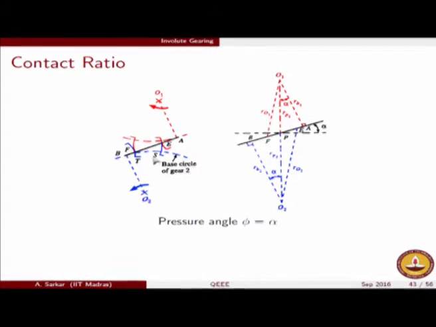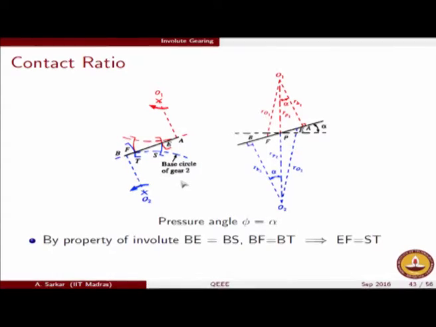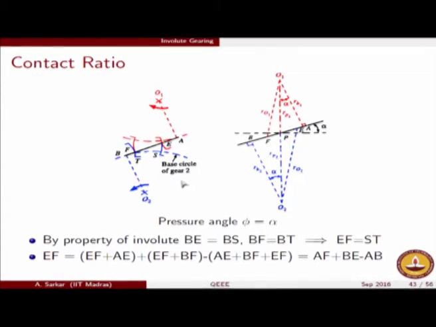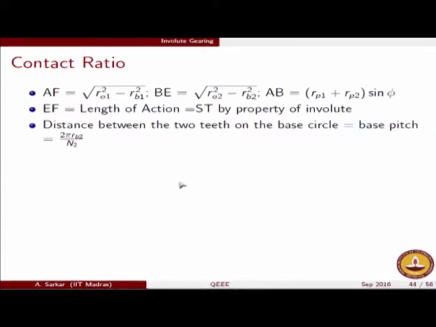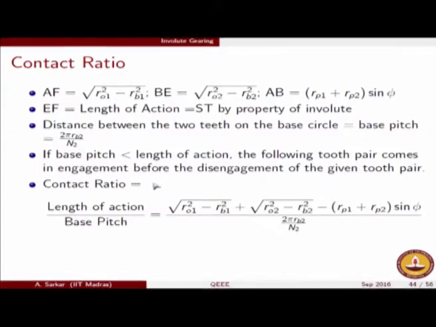So if we exactly calculate the distance and the time and everything else for the start and the end of engagement, we have to make sure that before the end of engagement the next pair of teeth definitely comes into contact. We can do a detailed analysis, and the analysis is not difficult, it is almost given in the slides, but again for want of time I am unable to derive these formulas right here, but the derivation, as you see, is given.